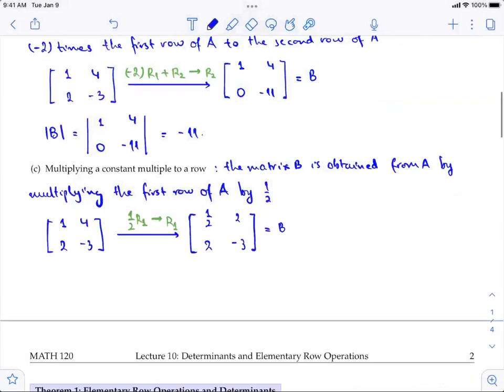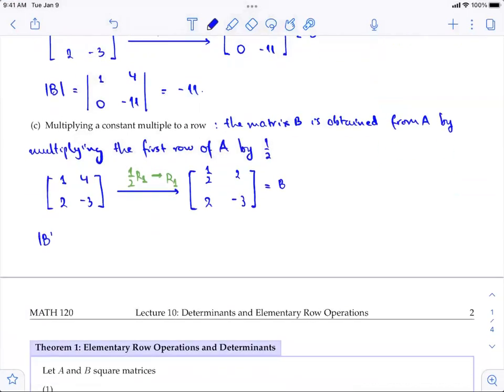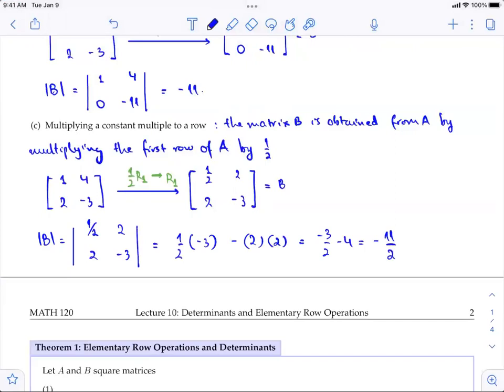And this is the matrix B. So the determinant of matrix B is equal to 1/2 times -3 minus 2 times 2, or -3/2 minus 4, equal to -11/2.